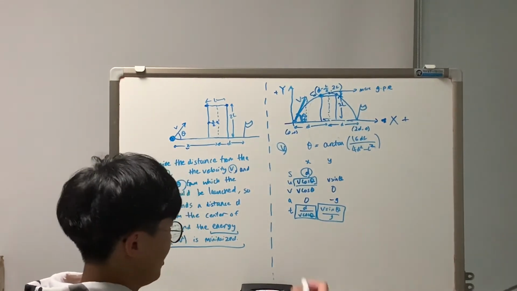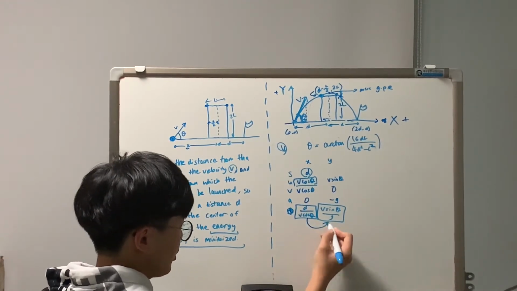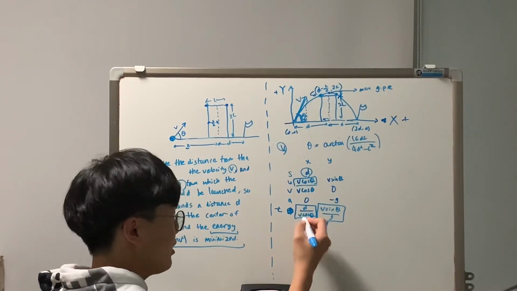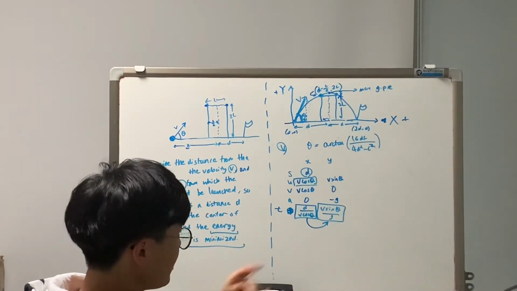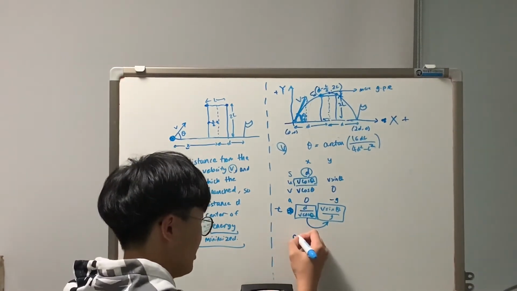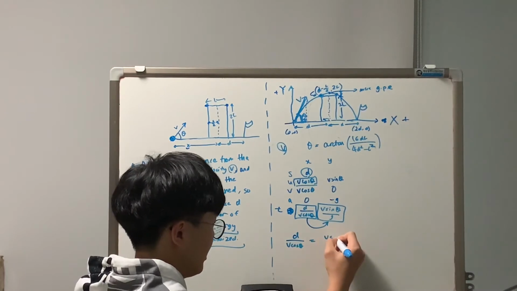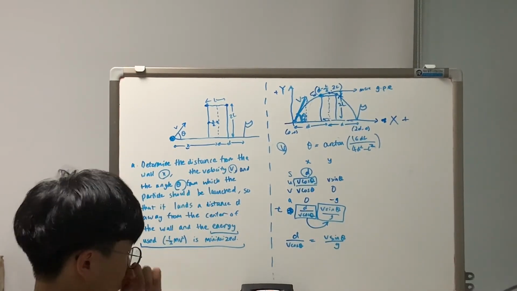When we derive t, you can use this t in this equation over here, which means that the different values for t here are going to be equal. So we have d over v cosine theta is equal to v sine theta over g. And so now we're done.